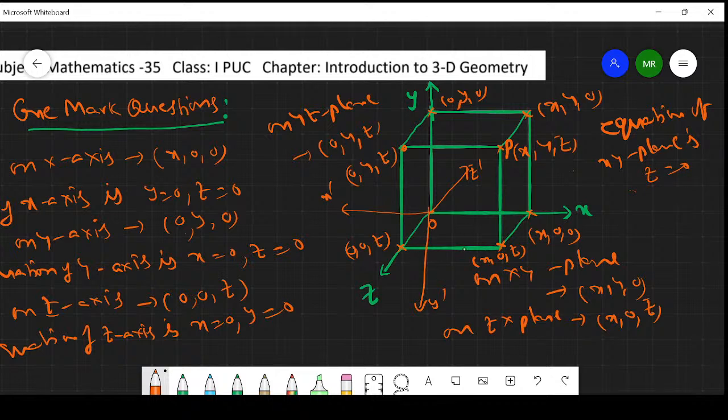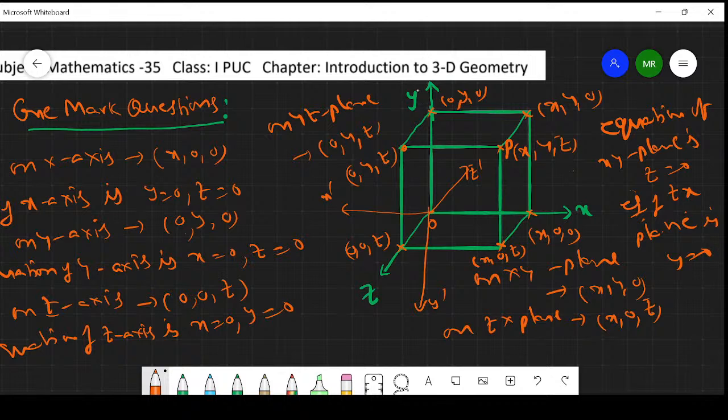The zx plane means y is 0. The equation of the zx plane is y equal to 0. Don't get confused here. The y term is missing in the zx plane, so y equal to 0.